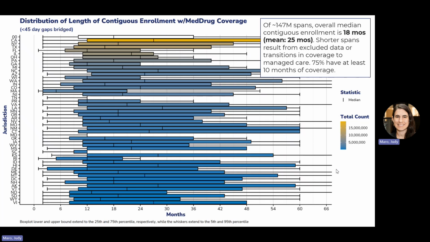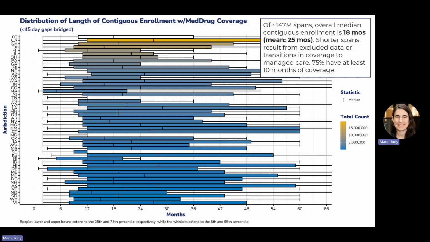When we see shorter spans, for example, in the jurisdiction in Tennessee, that sometimes happened because there has been data that have been excluded due to those earlier exclusion criteria associated with unusable data per the DQ Atlas. And so when we have those excluded data, that looks to us like a shorter contiguous enrollment span because some of those data years are no longer included. When we look at this all together, we can tell that 75% of the patients that are covered in the Sentinel Medicaid Data Mart have at least 10 months of coverage.